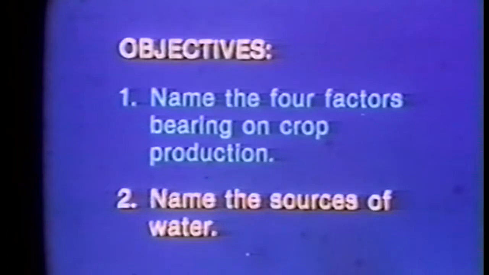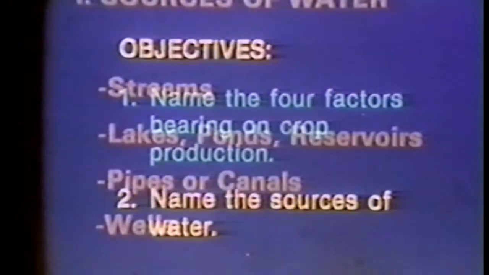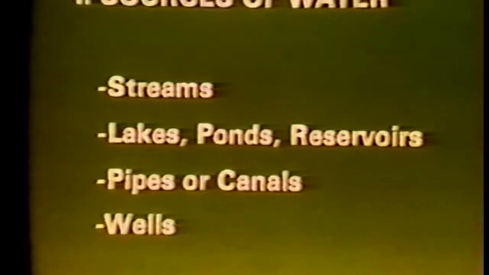The four most common sources of water are streams, lakes, ponds, or reservoirs, community pipelines or canals, and wells. Sometimes a combination of these sources may be used to provide the needed water.